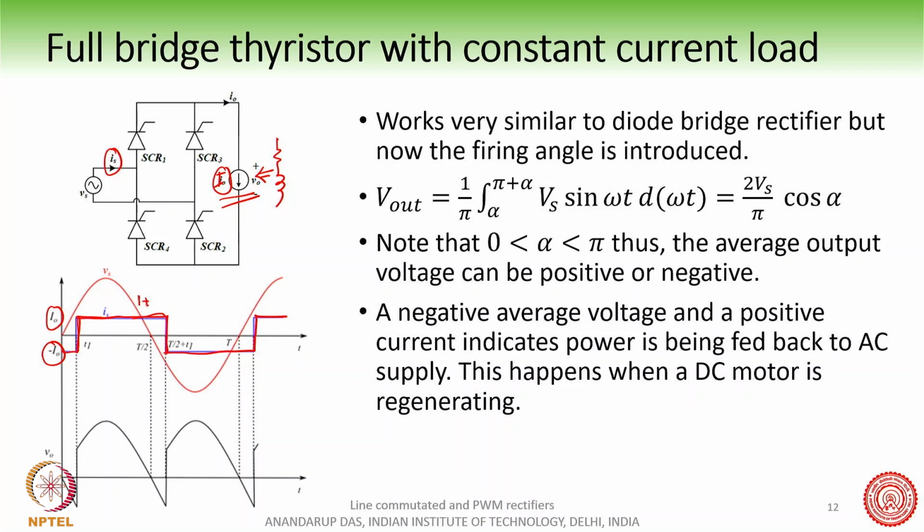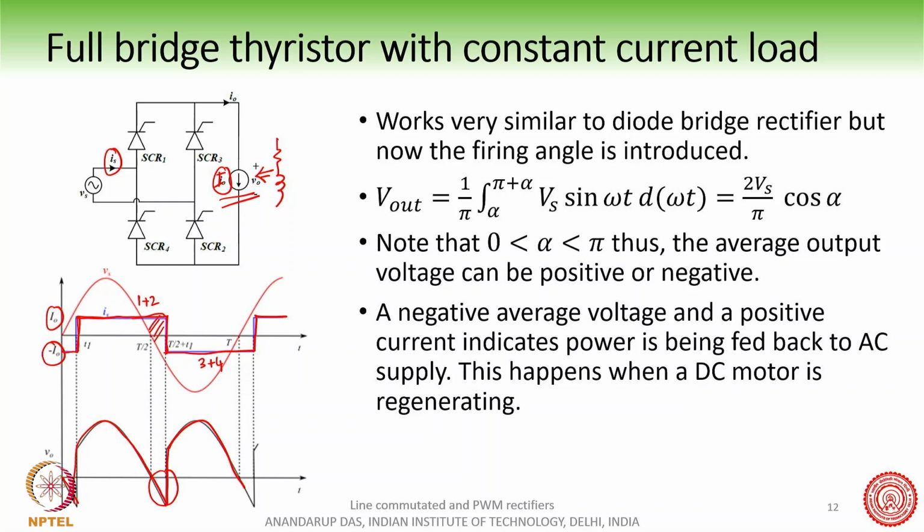Suppose here 1 and 2 are conducting and here 3 and 4 are conducting, and so the output voltage is something like this. You can see here that since the current is positive here, the voltage has gone negative. The voltage goes negative because the current is still flowing through the thyristors.